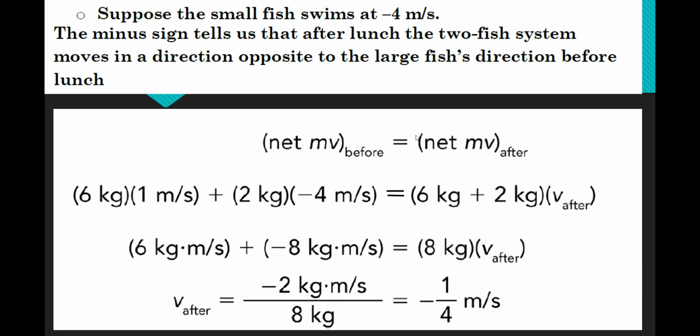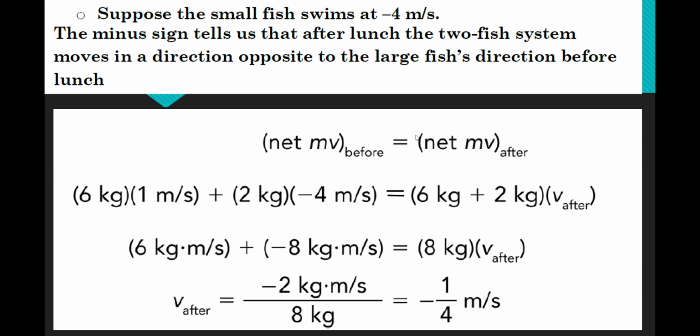Does this negative sign mean that the direction of the fish after lunch will be opposite to her direction before lunch? Teacher, when they say that it swims at -4, might you ask us about positive 4, and should we write it as negative, or should you tell us that it is negative?